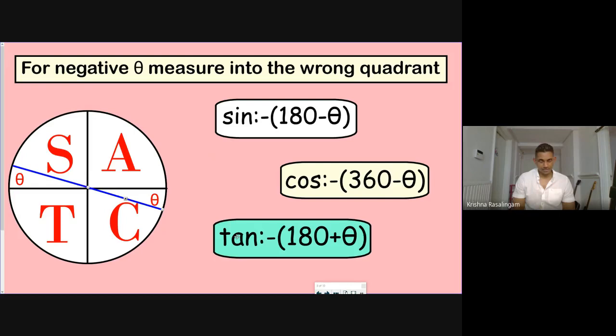And for cos, that would be in the sine quadrant. This would go there, and that would be that way. But I don't know why I bother doing cos, because that's so easy. It's an even function anyway.